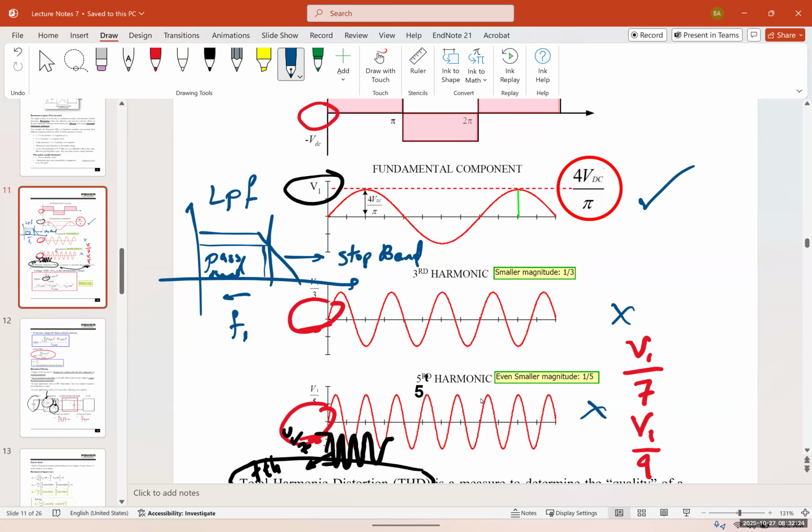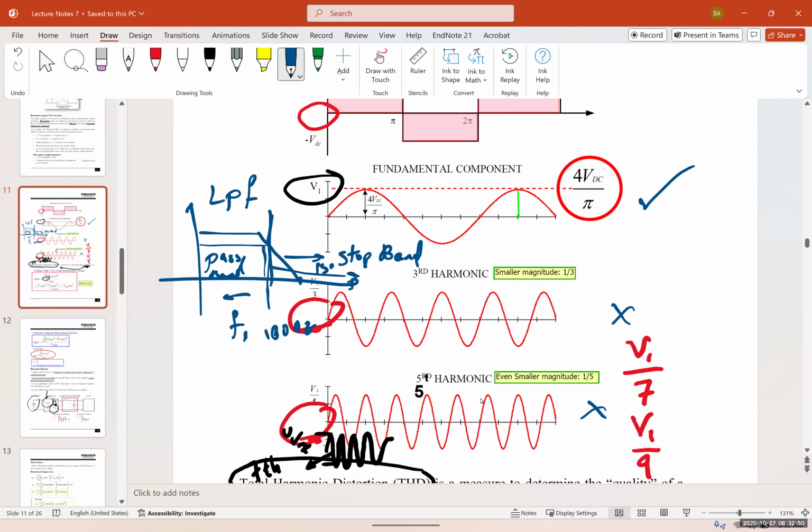So if I can have a low pass filter and block anything above, let's say 100 hertz, then we can block the third, fifth, seventh, all the frequencies above 100 hertz. So imagine that our cutoff frequency here is 100 hertz, and this is like 150. So anything above 100 hertz is going to be blocked or stopped, okay?